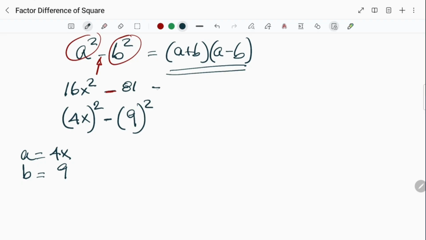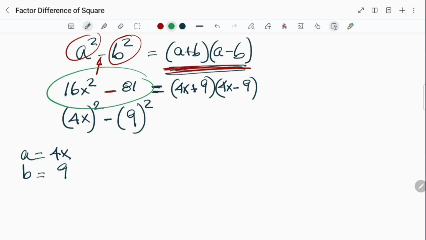To solve this difference of the square, just apply this expression, and we have the answer. Then parentheses, the first term is 4x, which is a, and the same 4x right here. One is positive, which is 9, and one is negative, which is 9. The factorization of this expression is a plus b, a minus b in general terms. Okay?